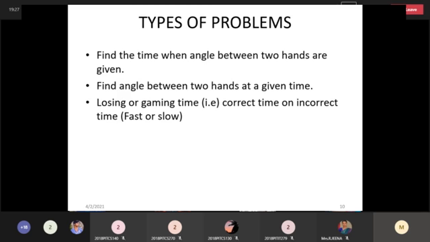The types of problems are: finding the time when the angle between two hands is given, finding the angle between the two hands at a given time, and losing or gaining time, the correct time on an incorrect clock, fast or slow. Mainly based on these three problems they will ask you for the clock.